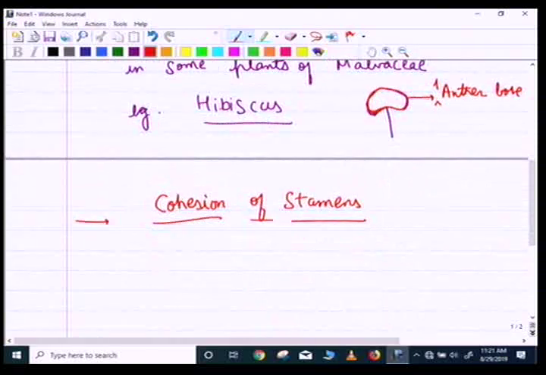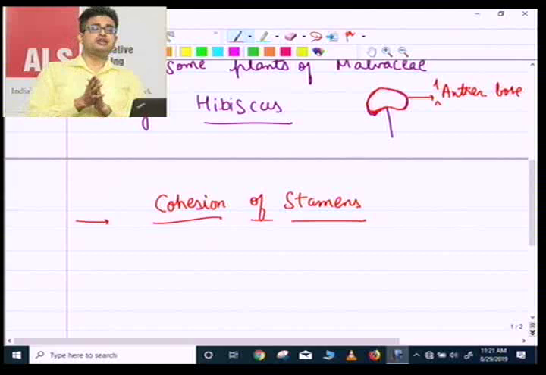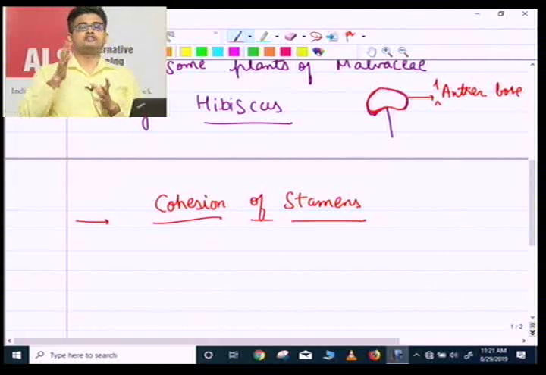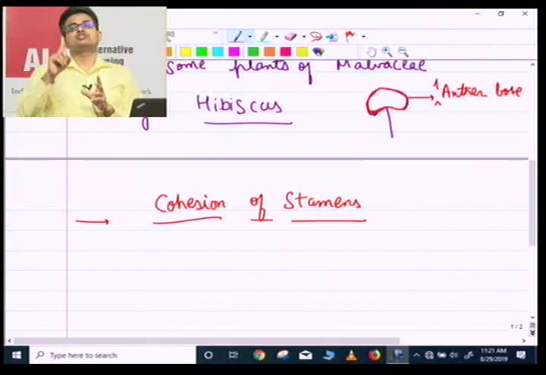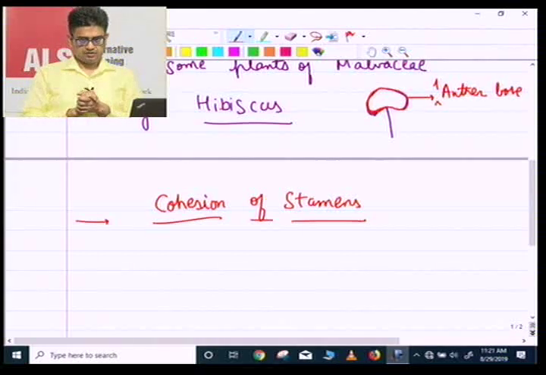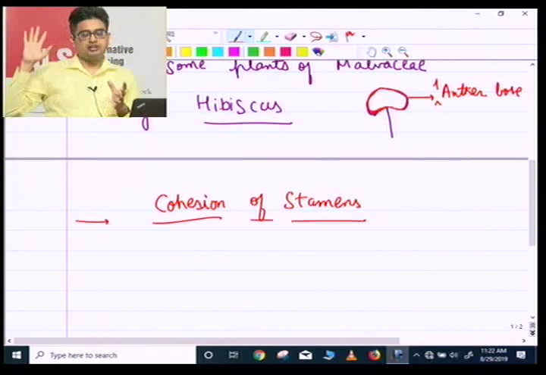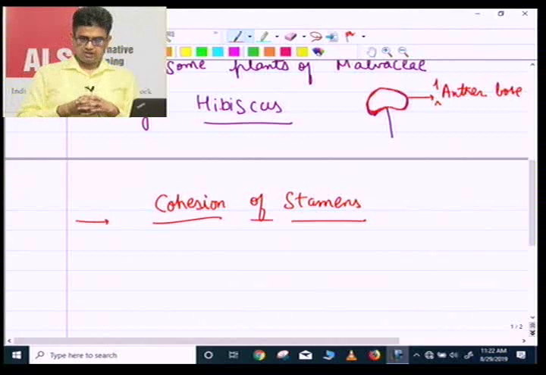So let's talk about cohesion of stamens. We need to discuss something about cohesion and adhesion. Cohesion means attraction between similar things.